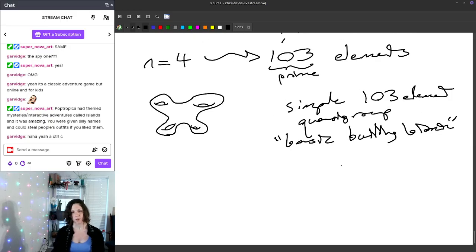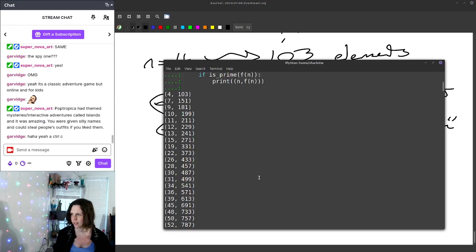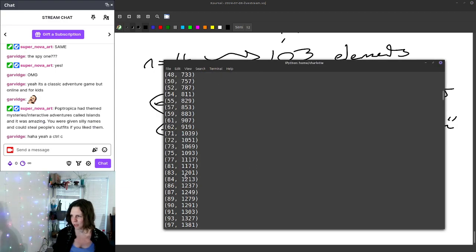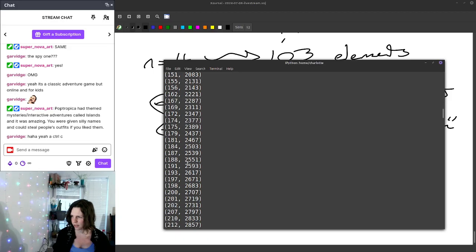But I think I will try to do some computational examples of this, because I'm really curious. Now that I know these are simple, if they had all been composite order, I would have been whatever. But the fact that so many of them give you a prime number of elements, what is going on with all these things?